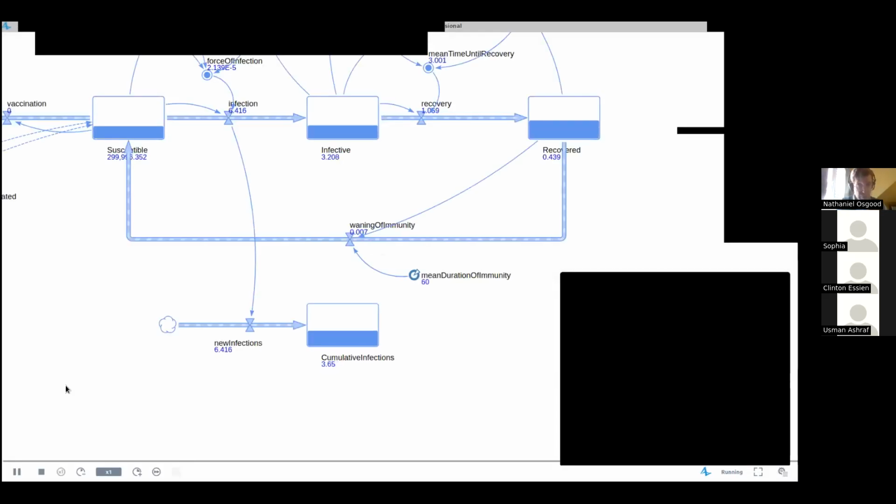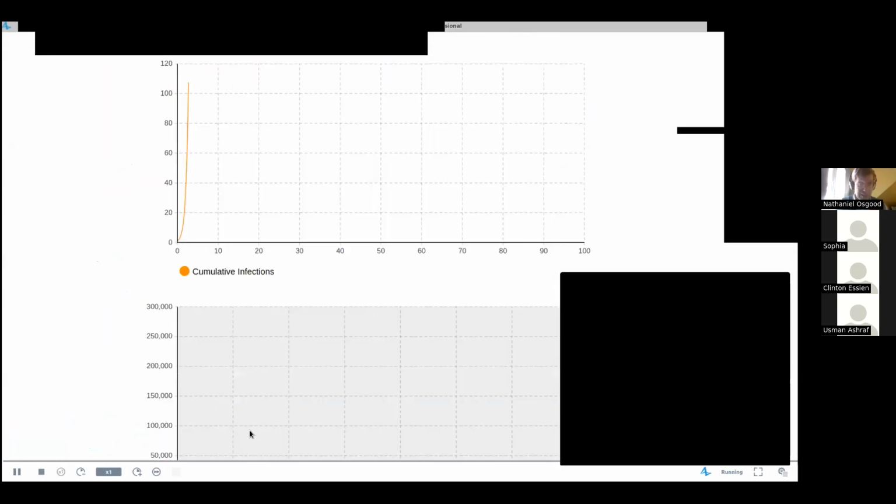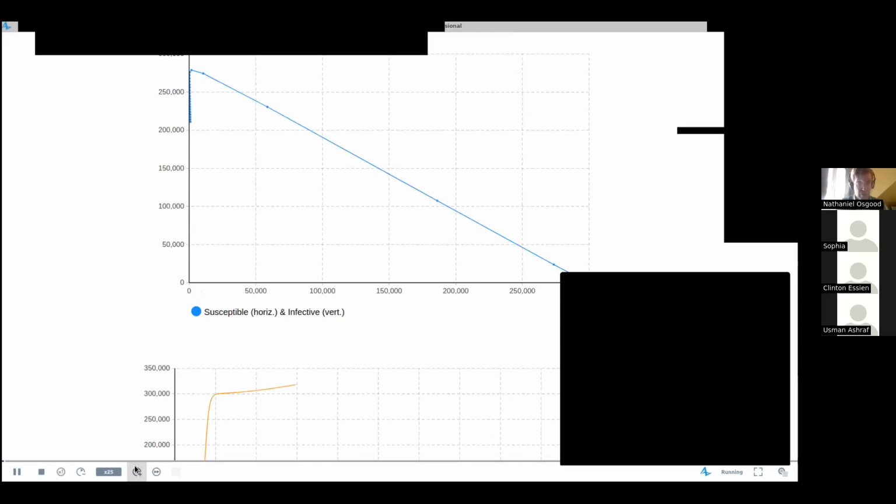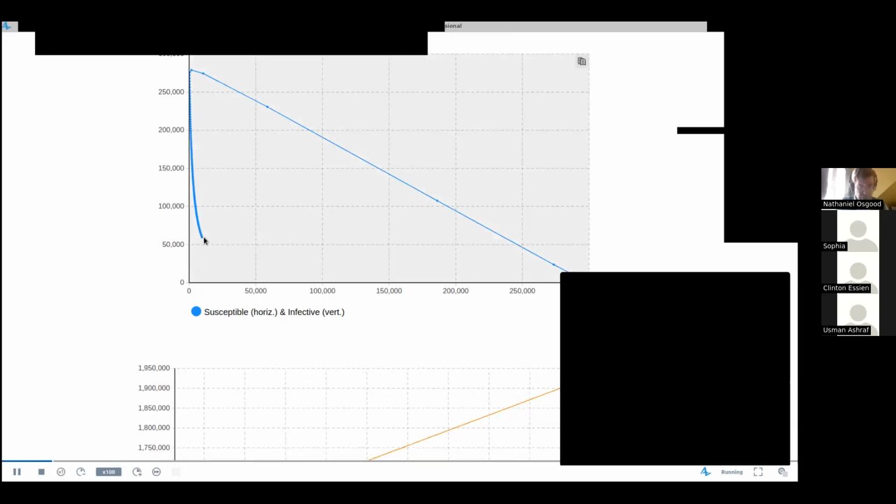What it means for the system to not change is that S dot, I dot, and R dot all equal 0, right? This is the system which is not changing.